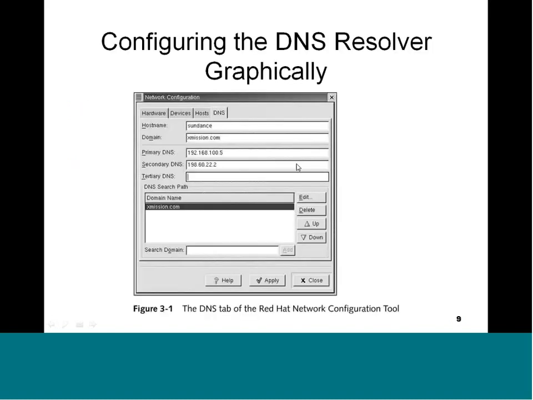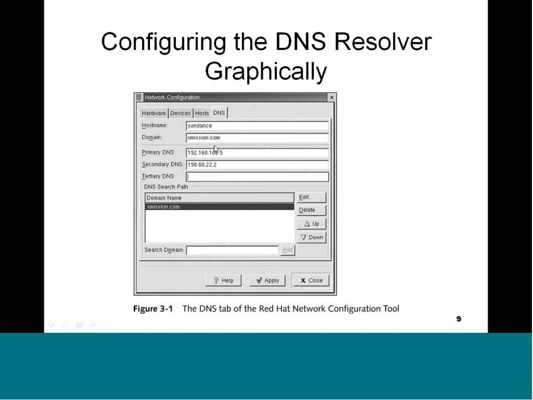Let's look at configuring the DNS resolver. So graphically, here you can see the host name, which is Sundance, and the domain name, I think xmission.com.